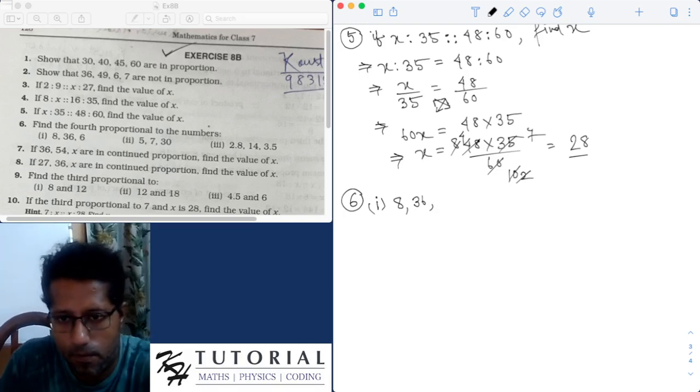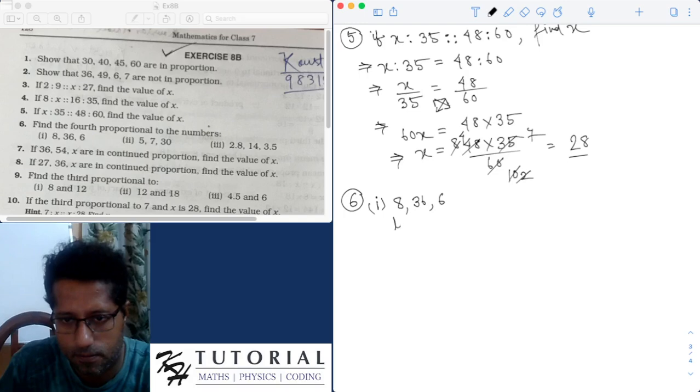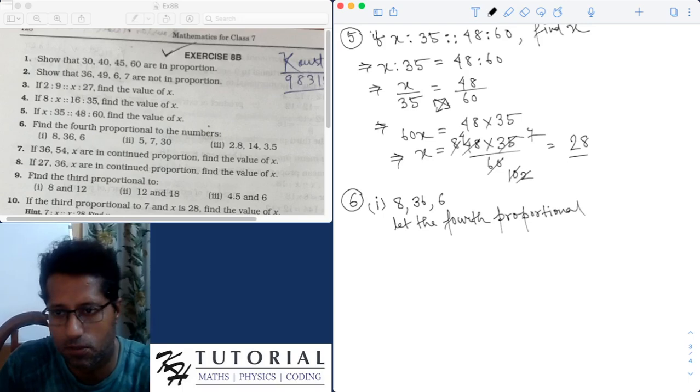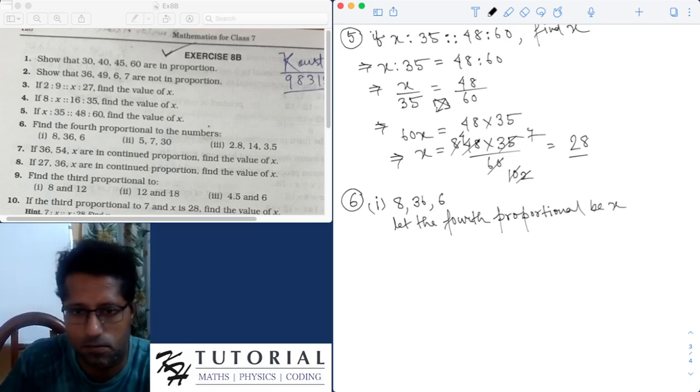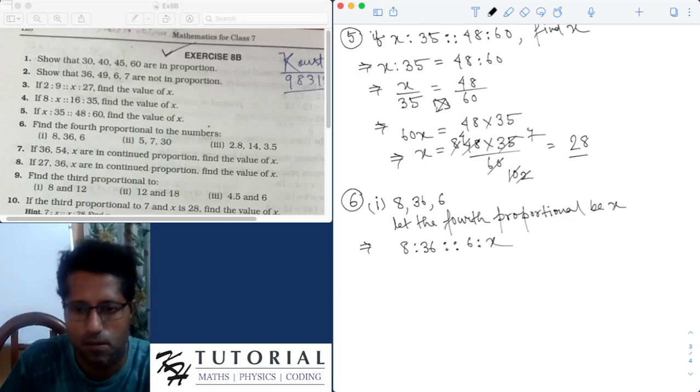So the standard way we proceed is that let the fourth proportional be x. So this implies 8 is to 36 is in proportion with 6 is to x.